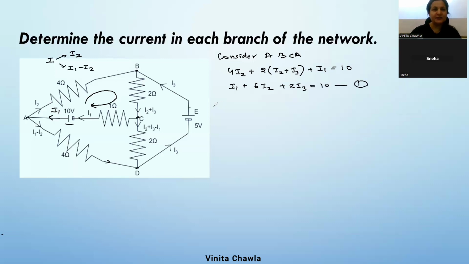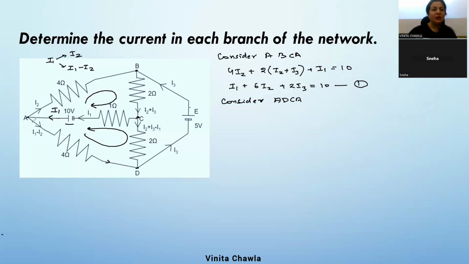Now consider ADCA. A, D, C, A. इसमें क्या होगा कि 4I1 plus I1 minus I2 की करंट की डायरेक्शन में और नहीं, हम वहीं से निकल रहे हैं, पॉजिटिव ही आएगा बेटा. करो पहले, आ जाएगा. आगे लक्ष्य समझ आ रहा है ना?